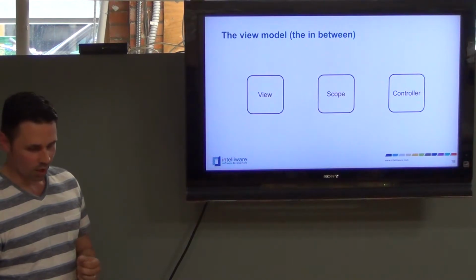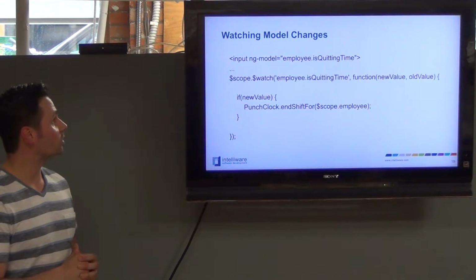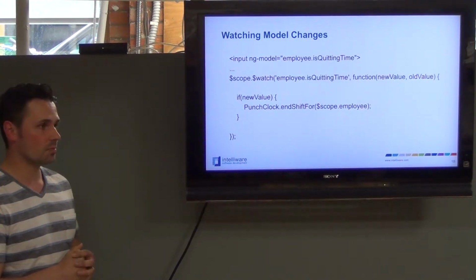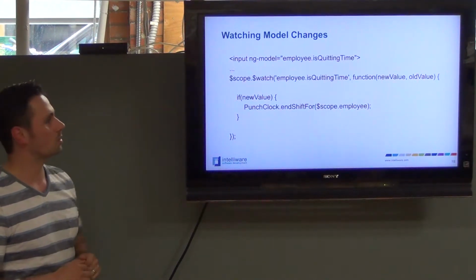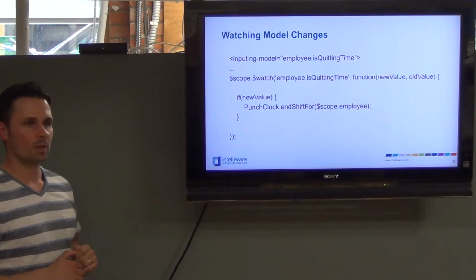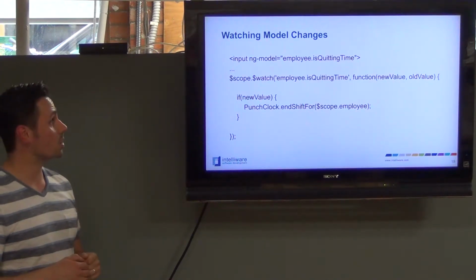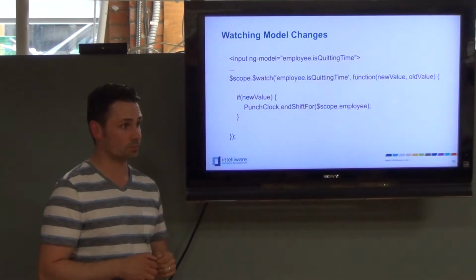So here's where we're going to watch for model changes. In this example, we have an input field, and it's binding the employee.isQuittingTime to the model. And some code, possibly a controller, wants to watch this property for changes. And once it's quitting time for this employee, it wants the punch clock to actually end the shift.